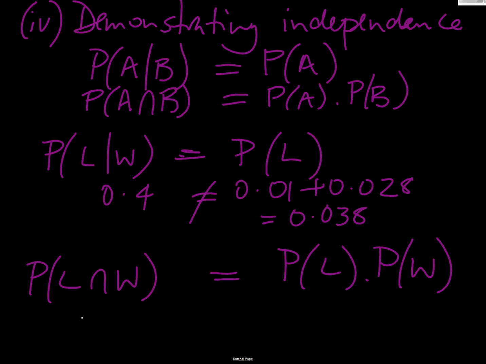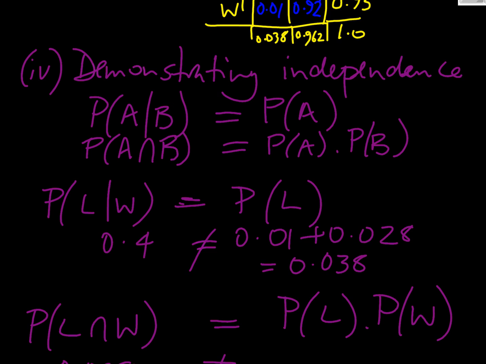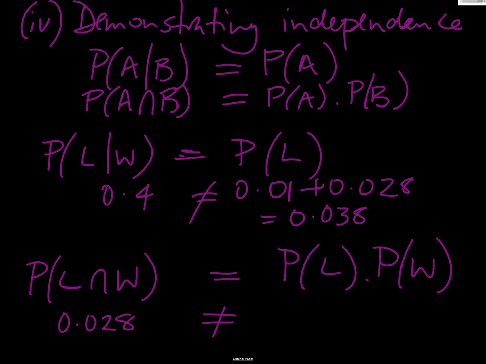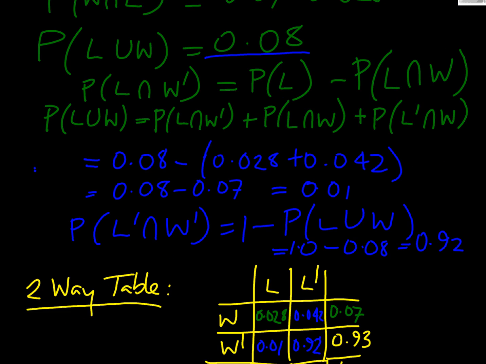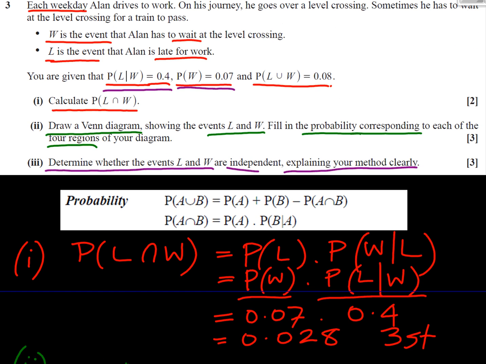So the probability of L intersect W, we worked out earlier, was 0.028, and that does not equal the probability of L, which we've just worked out is 0.038, times the probability of W, which they gave us at the top, is 0.07.